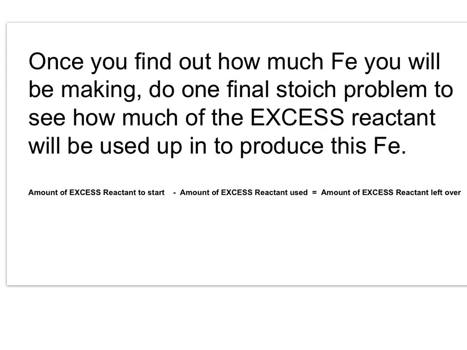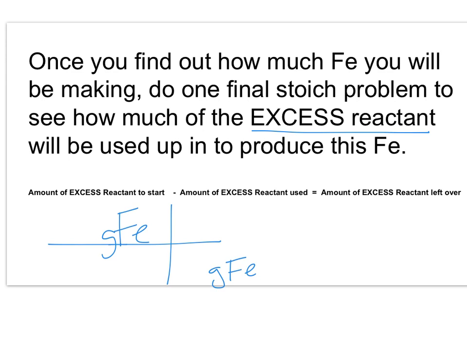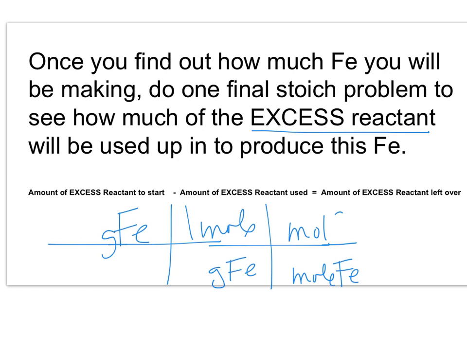Okay, so once you have done that problem, you found out how much iron you're going to be making. And so the last step to find out how much of the excess is that you need to do another stoichiometry problem to find out if you produce that many grams of iron. And then you're going to convert that into moles of iron. And then you're going to do a mole ratio between the moles of iron and the moles of your excess reactant, whichever one was not the limiting.